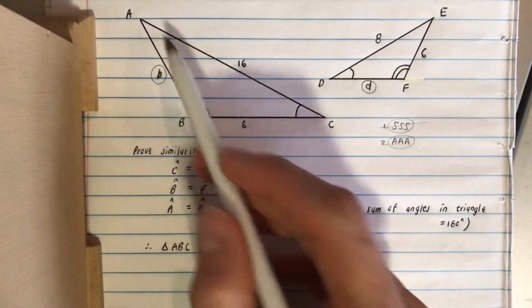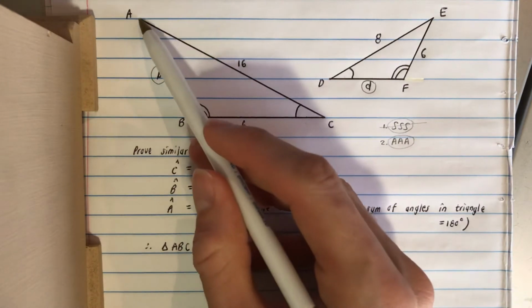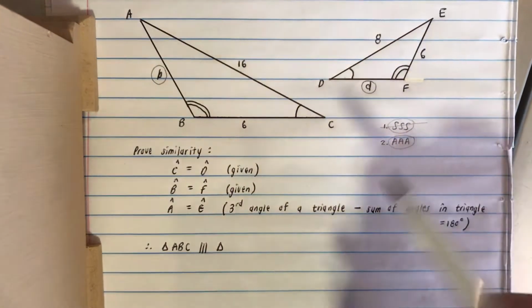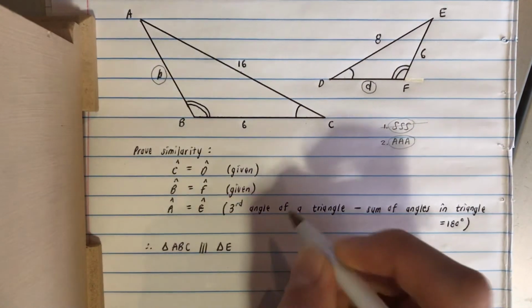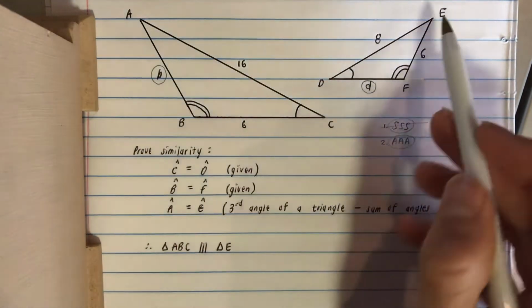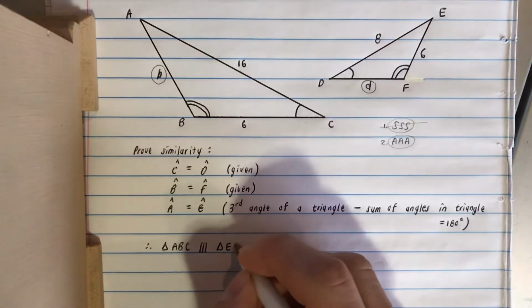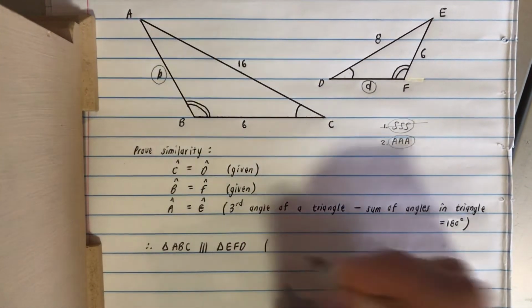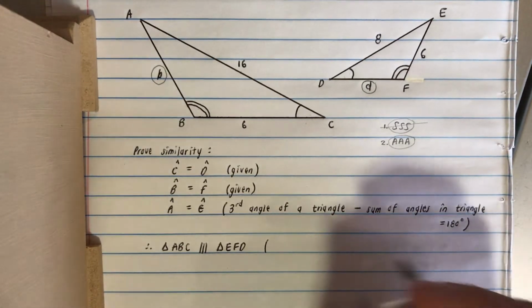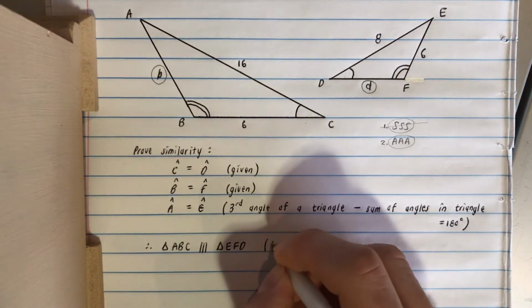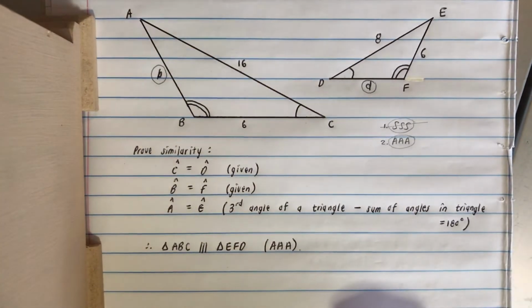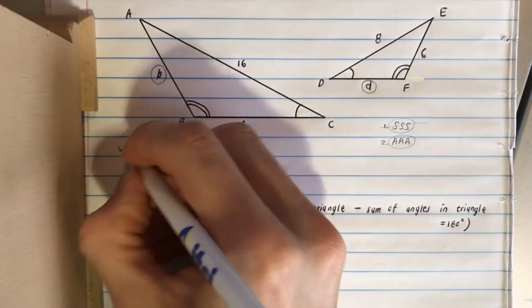If we say ABC, so we start at that one, we need to also start at the corresponding vertex, which is E. So we'll have to say E, and then from A we go to B, so from E we go to F, and then D. Okay, and then you have to provide your reason in brackets, and it will be angle, angle, angle. So now we've proven that they are similar.